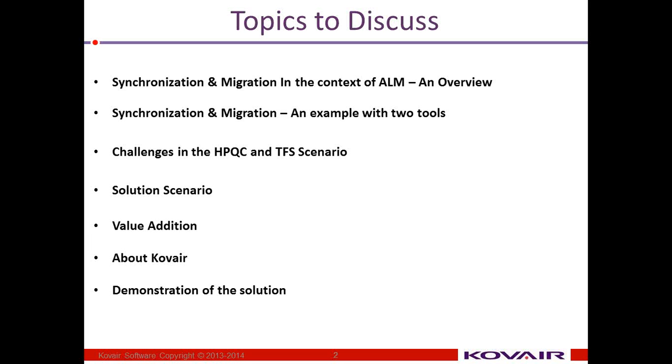Then we'll discuss about the solution, how we overcome these challenges in synchronizing and migrating artifacts from HPQC to TFS and vice versa. Then we'll discuss about the value addition, what are the benefits that you can get out of this solution. We'll discuss a brief about what is Kovair and what does it do, and finally a demonstration of the solution.